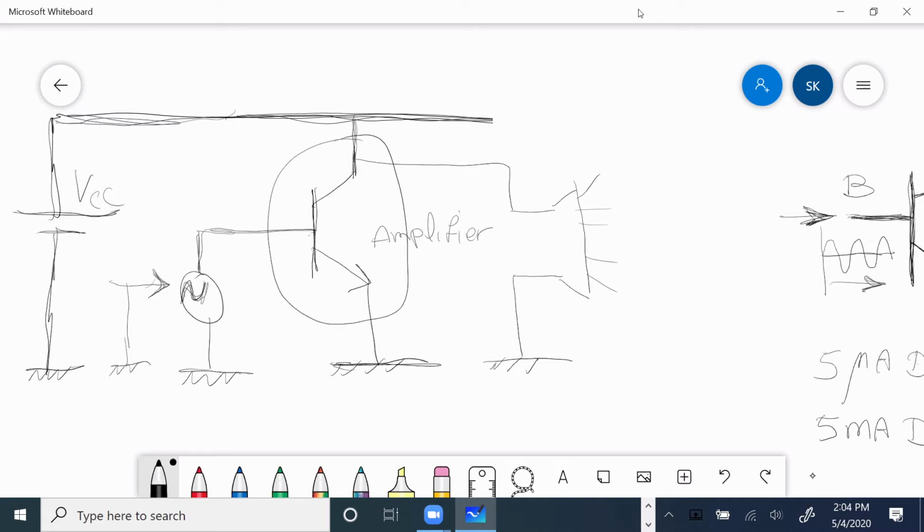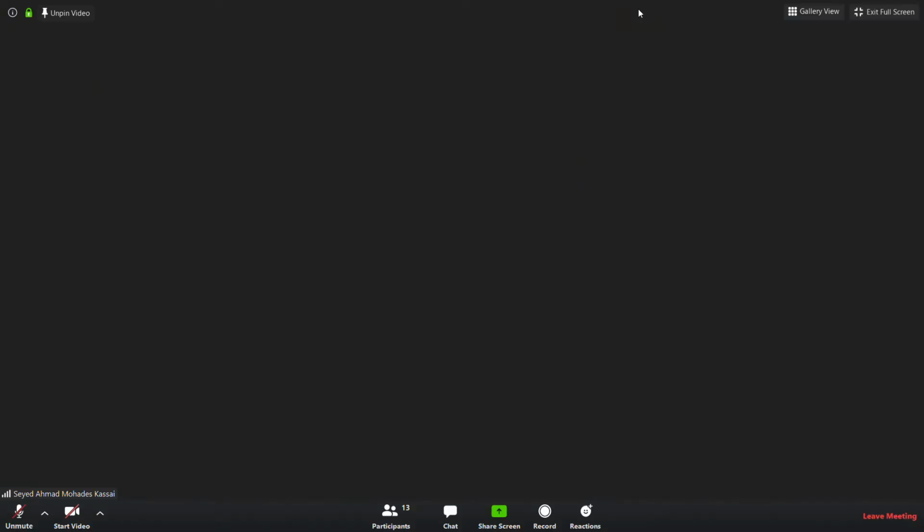I want to make sure that everybody understands this before I go into the circuit. A transistor itself is a current amplifier. If I apply small current to the base, I will receive a larger current at the collector. Where does it get energy from? Its energy comes from its DC bias.